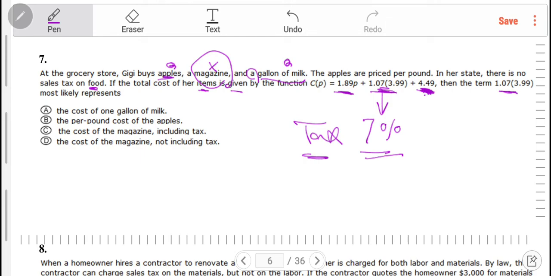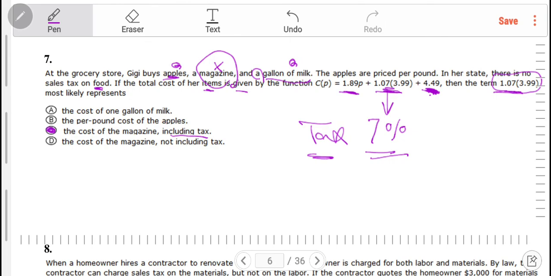But the magazine costs 3.99, and the magazine tax is 7%. So is it the cost of the magazine including tax, or not including tax? This is as it is, including tax. Thank you very much.